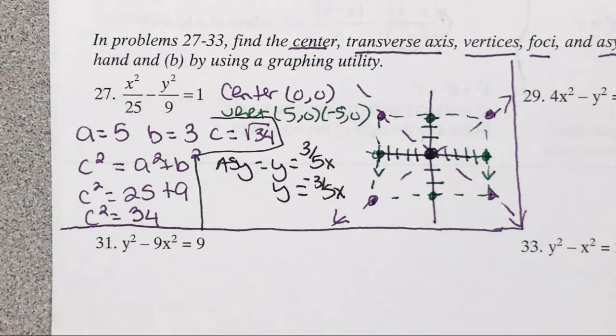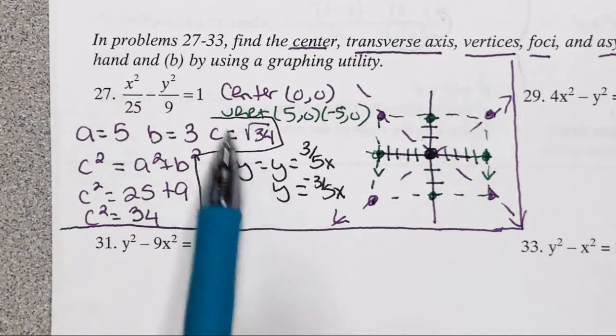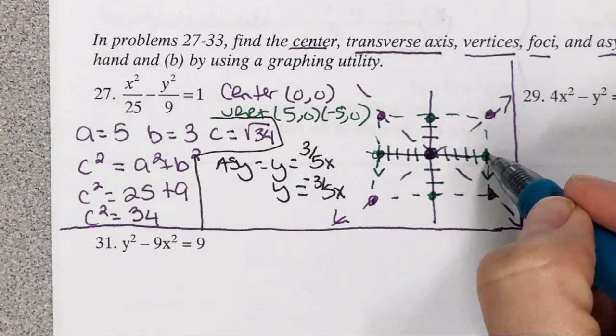Okay, so I've graphed the a, I've graphed the b, I've graphed the c. What have I not graphed? Sorry, I didn't graph the focus. Now your focus is going to go square root of 34. What is square root of 34 close to? 6. Yeah, it's a little less than 6, right? So I went to the right 5.